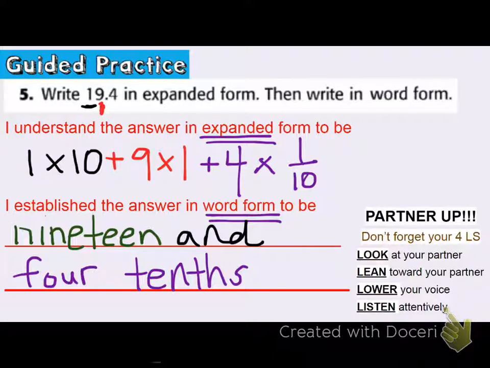I know my answer is reasonable because the answer that's in expanded form as well as the answer that's in all words or word form is the same value as the standard form question. 19 and 4/10 is written 3 different ways, but they all have the same value.